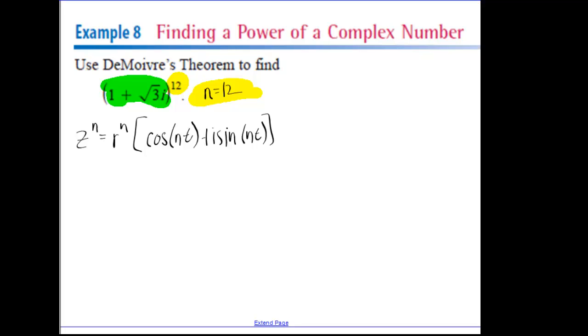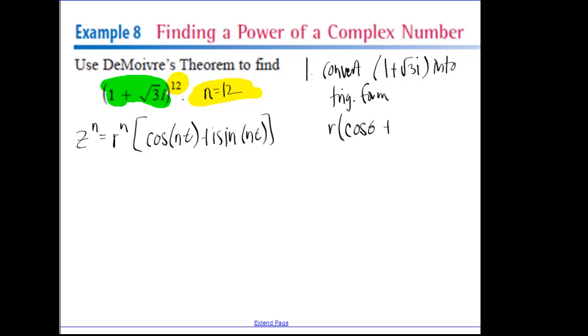So task number 1 is to convert 1 plus root 3i into trig form. And remember, that's r, open parentheses, cosine of theta plus i sine theta. Let's draw a quick sketch of 1 plus root 3i on the complex number plane.